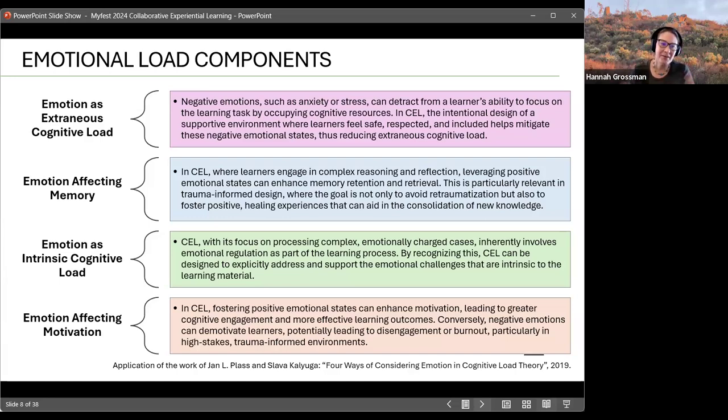And finally, emotion affecting motivation. Negative emotions demotivate learners. And if we can build our learning experience right, if we can build health and wellness into the learning experience and design it so that when our learners leave, they're actually leaving it more excited and more energized than when they got in there, that information they left with will end up being applied more in their world, will end up being more used.